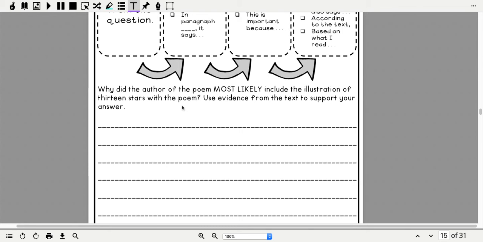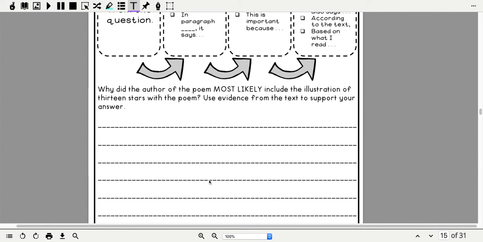Use evidence from the text to support your answer. When you look down at the bottom, there are 13 stars, and they kind of look like an American flag with stars on one side and stripes on the other. So why would the author of the poem include that picture to go with it? You tell me why.